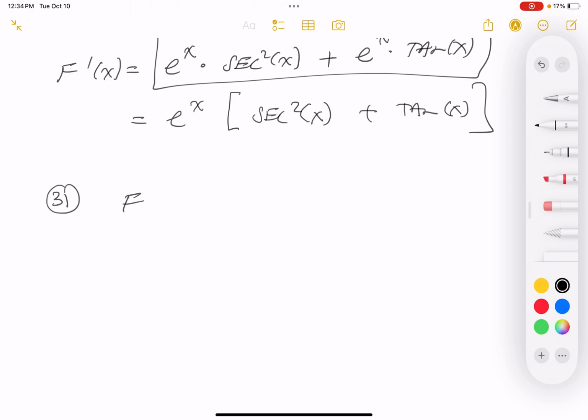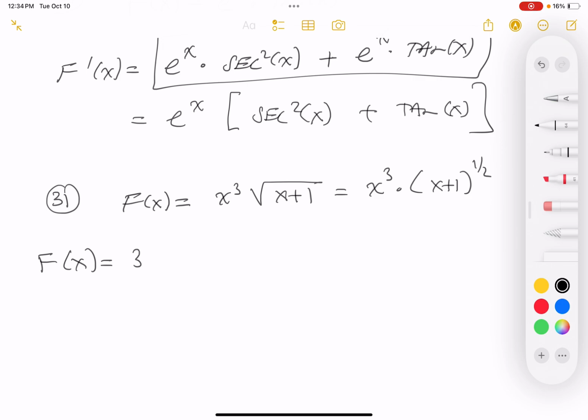All right, and let's go to the next one, which is 31. And 31 is big F, and this is going to be x cubed times the root of x plus 1. Or a little differently, I'm writing it as x cubed times (x plus 1) to the 1/2 power. Let's write the derivative down. The derivative of the first function times the second function plus the first function times the derivative of the second function.